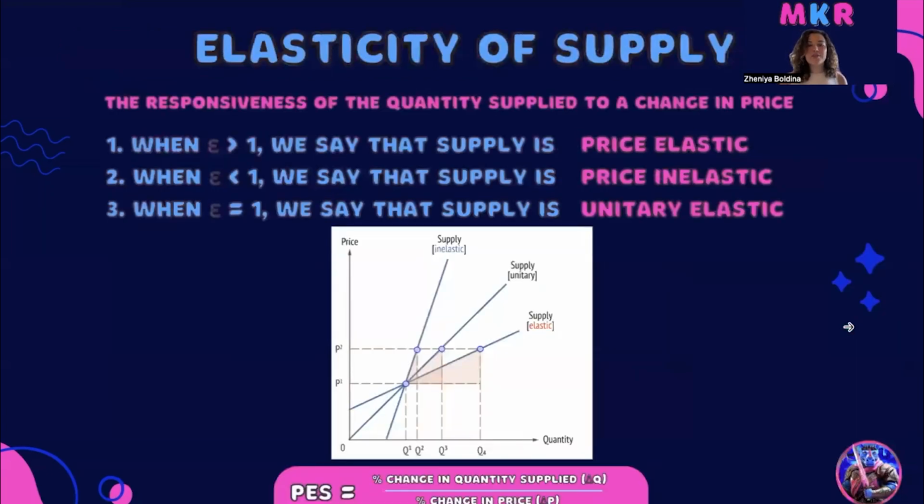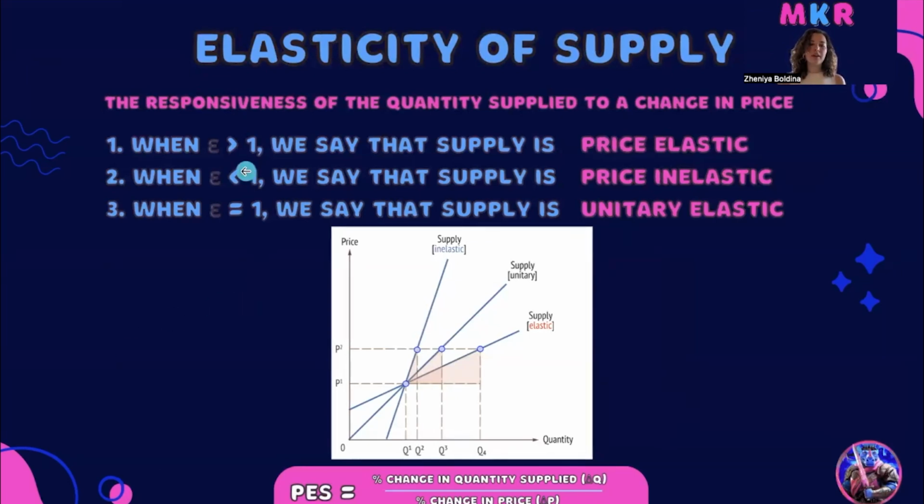Lastly, looking at elasticity of supply, similar to demand, it's the responsiveness of the quantity supplied to a change in price. If we look at the formula, it's the percentage change in quantity supplied over the percentage change in price. And just like for demand, we can see by looking at the different slopes of these supply curves that as your slope becomes steeper, we have more inelastic supply.